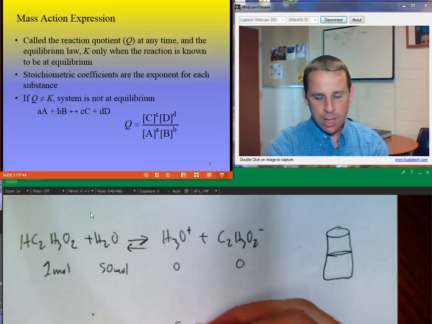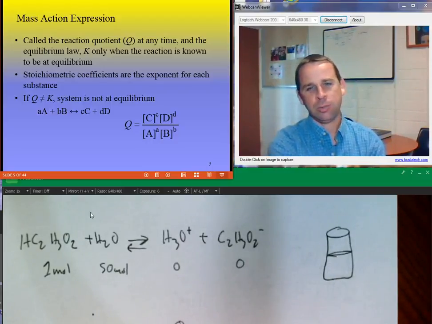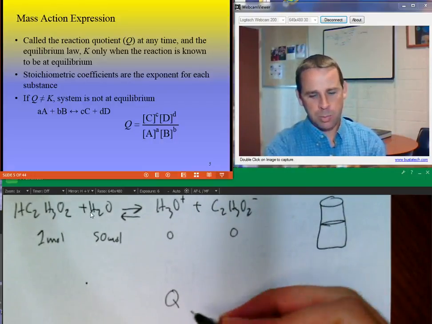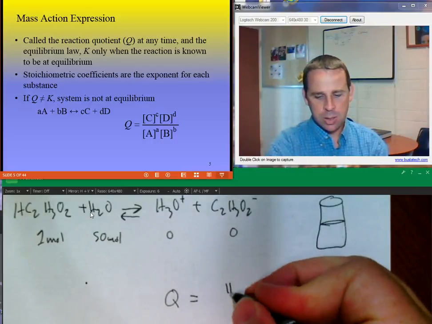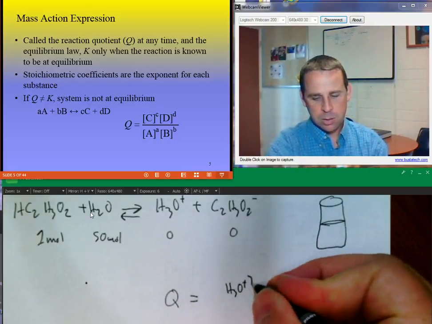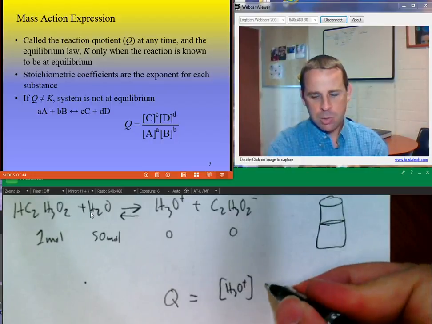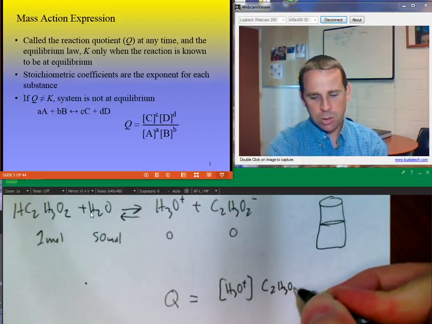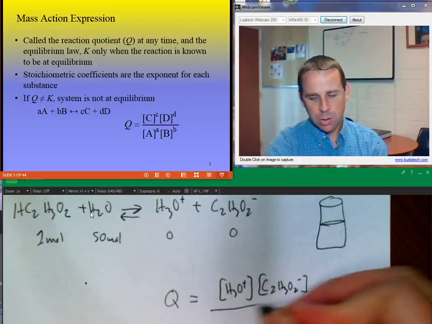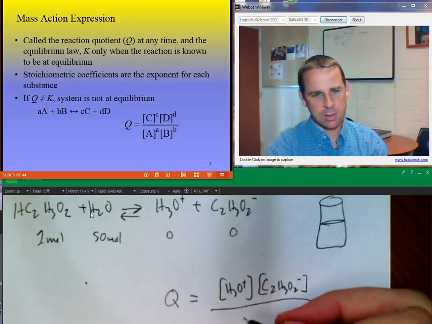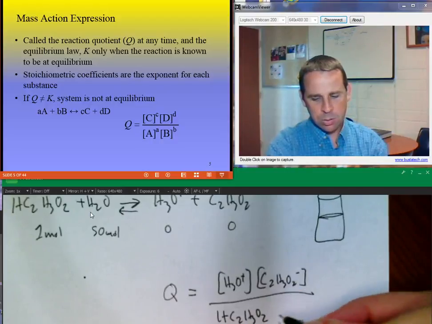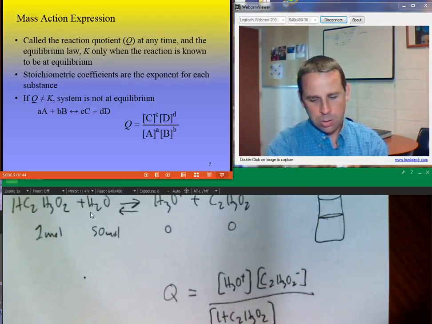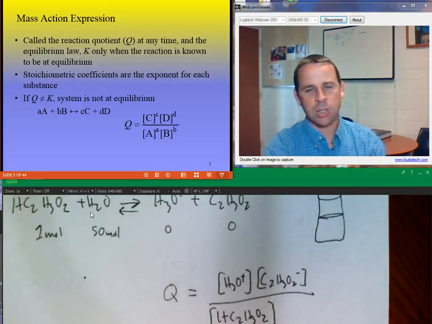So the quotient at the initial point would be expressed as the concentration of the products, so that's H3O plus its concentration, times the concentration of C2H3O2 minus, over the concentration of the reactants. So that's HC2H3O2, and I would say the concentration of water.